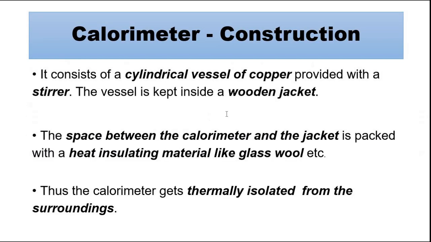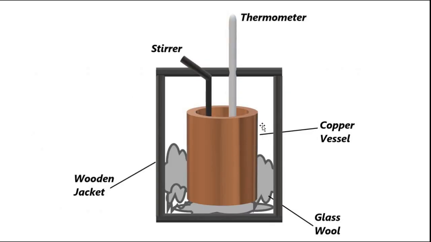The basic construction of the calorimeter is something like this. It consists of a cylindrical copper vessel, kept inside a wooden jacket or wooden encapsulation chamber for insulation purposes.